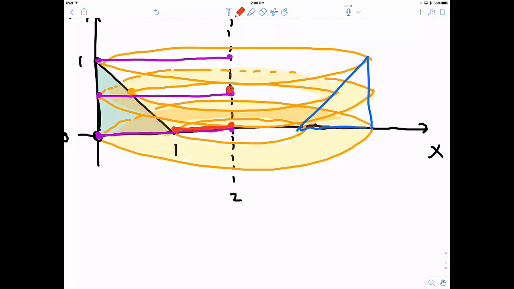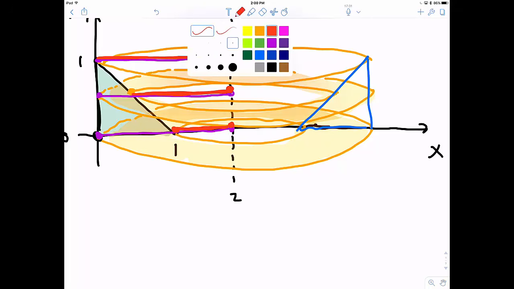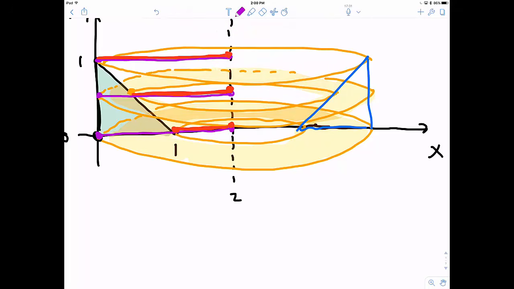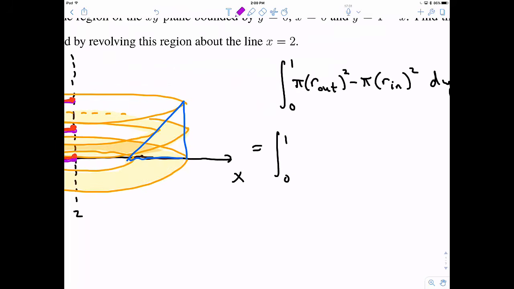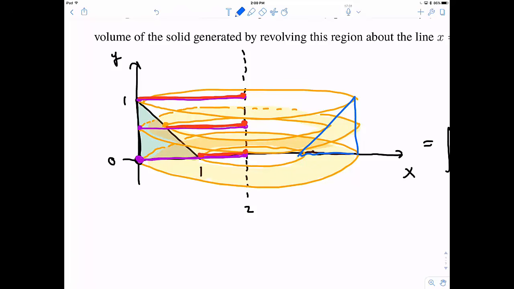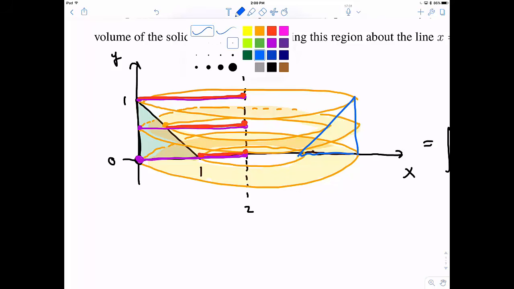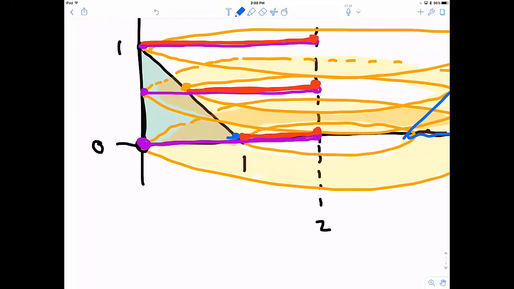My inner radius, on the other hand, this one's changing. At the bottom, it's pretty small, and then it gets bigger and bigger until it's finally 2. And let me draw in, I'm going to re-emphasize these purples here, and I'll draw the outer radius really quick, pi 2 squared minus, okay, now I need to do a little bit more work for the inner radius. And let me use blue here really quick to denote, I do know one length, right?